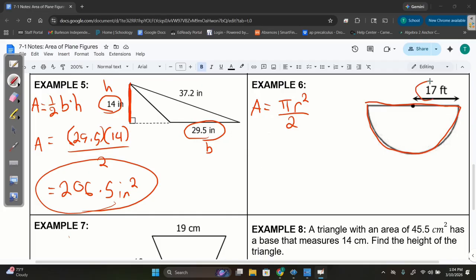My radius is given to me here, and that's the only variable I need. I can go ahead and start plugging it in. The area is equal to pi times 17 squared divided by 2. Plugging it into the calculator, I should get 453.96 feet squared.